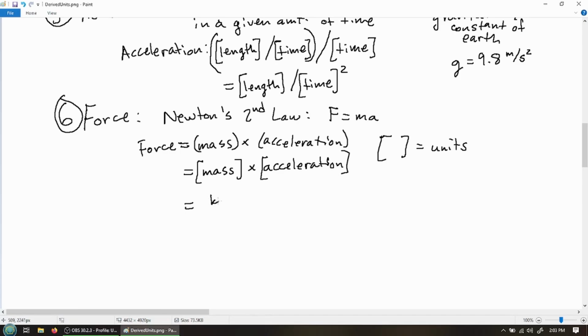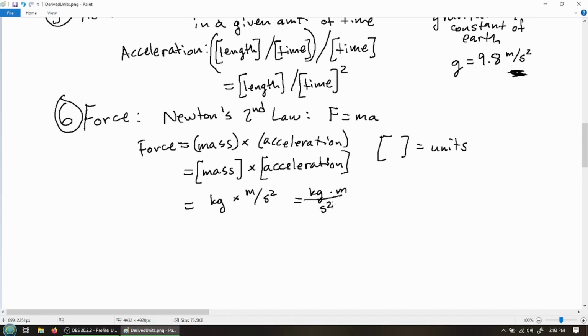So for instance, let's write this out. We could say that this is kilograms times acceleration, let's say meters per second squared, right? Just like we see up here. You'll usually see this written out like this.